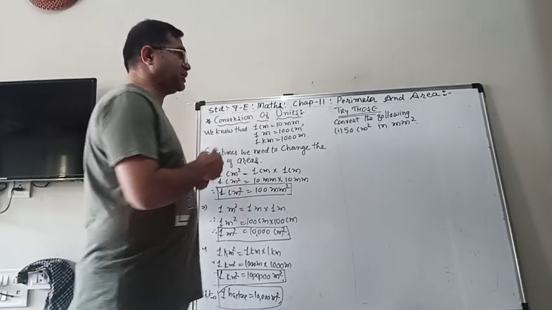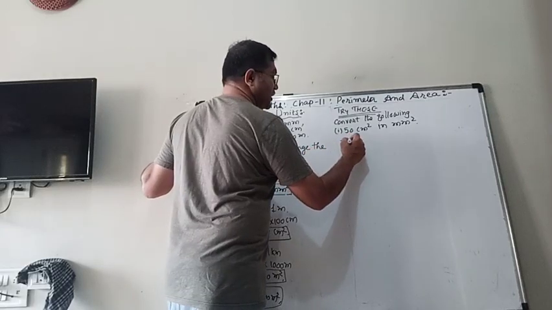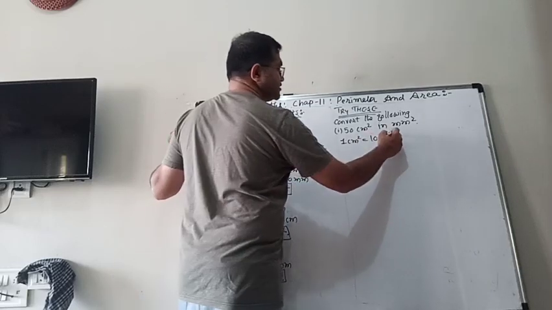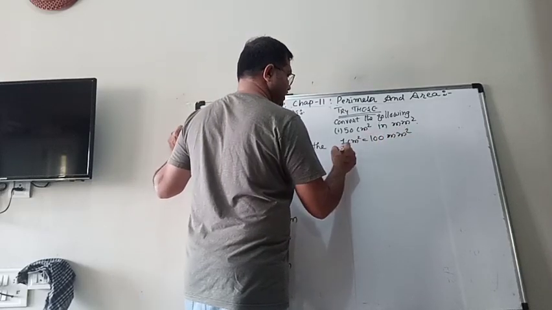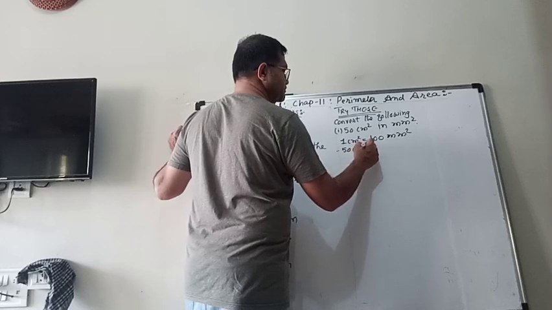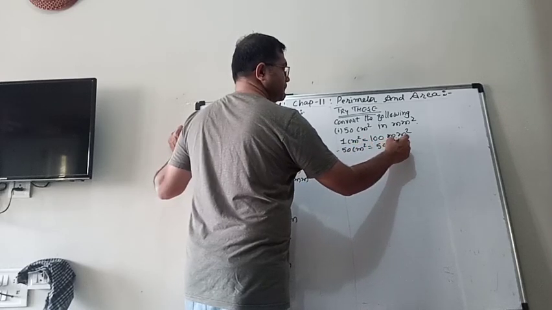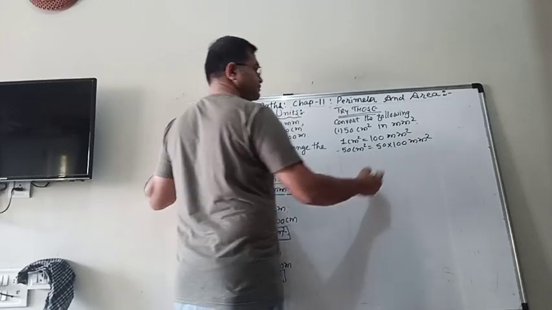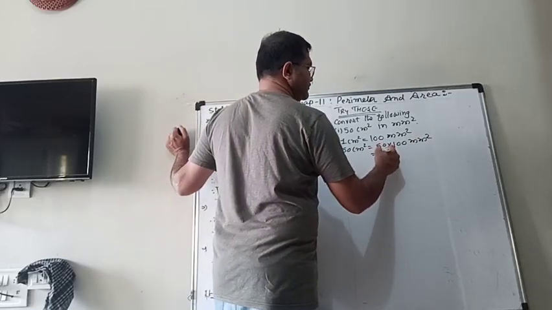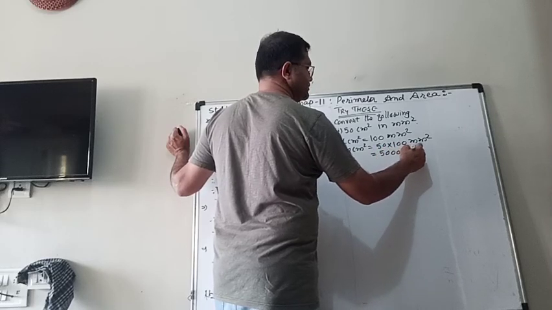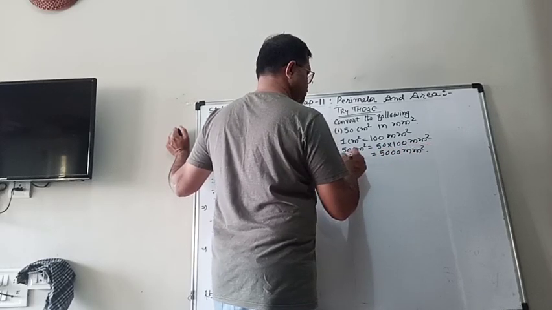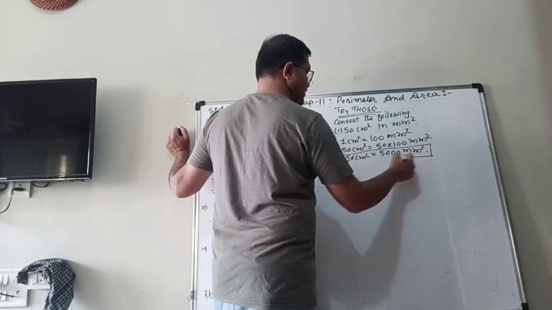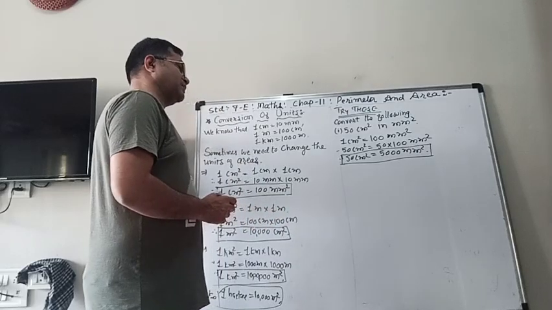So we will use that. Therefore 50 centimeter square will be 50 multiplied by 100 millimeter square, and that will be 5000 millimeter square.